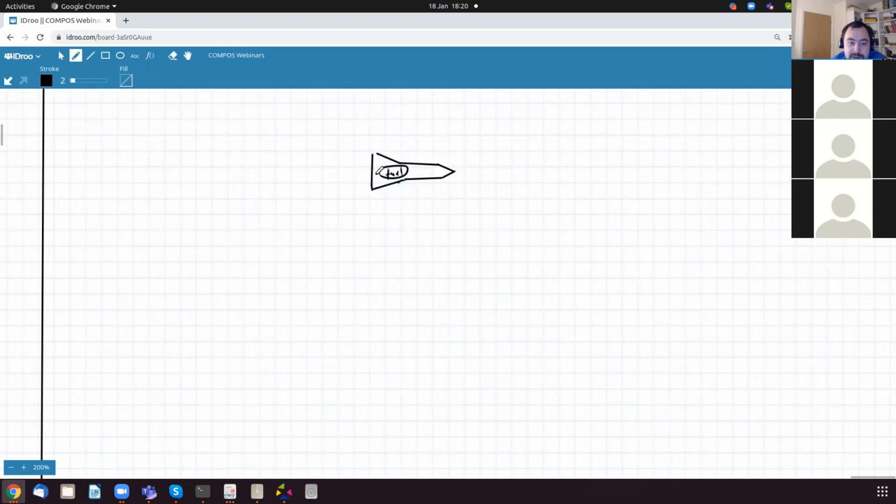And let's say the rocket is stationary. So the center of mass of the rocket is somewhere here. Now the rocket expels the fuel from the back. So the fuel moves to the left, but the rocket moves to the right.